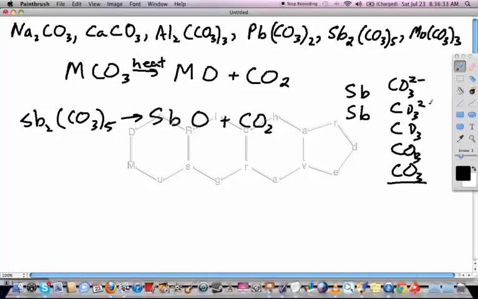That's -2, -2, -2, -2, -2. So that's -10, and we know there has to be +10 to match, and each of these is going to have a +5 charge. So that's going to be Sb plus 5, and that's going to be O2 minus.